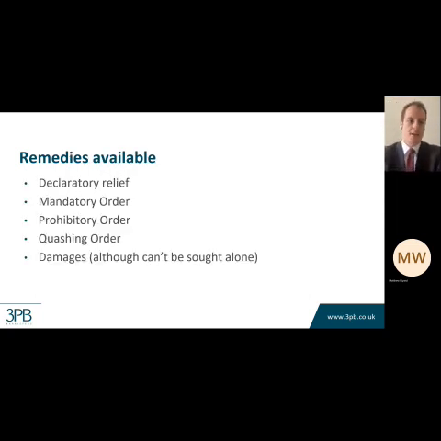Having said that, there is a powerful toolkit of remedies that the court is able to give. It can declare that certain behaviour was unlawful, for example. Perhaps most powerfully is the mandatory order, which requires the public body to do something.